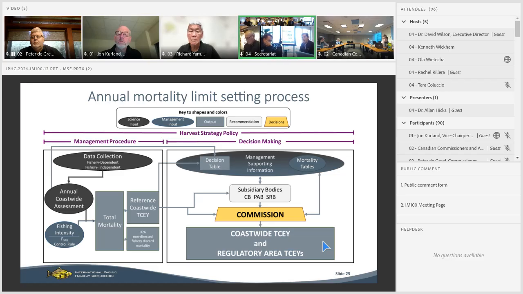And this really highlights that the reference coast-wide TCY is an input into the decision-making process, and that the commission has the option to deviate from that reference coast-wide TCY. So it's really highlighting the flexibility that the commission has in its decision-making process. We also note a lot of management supporting information that goes into the decision-making process as well.